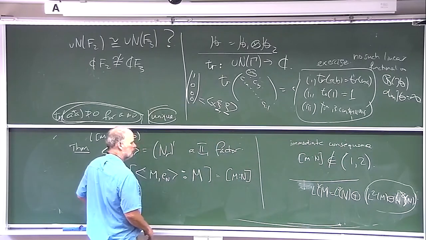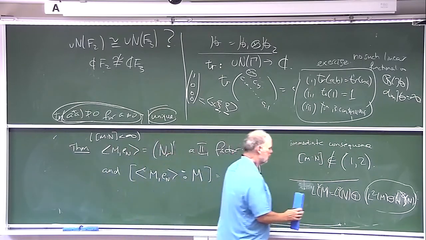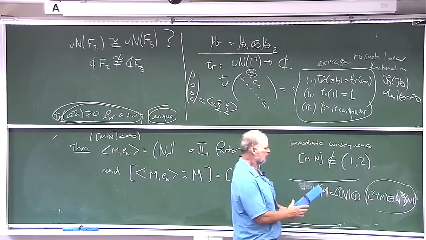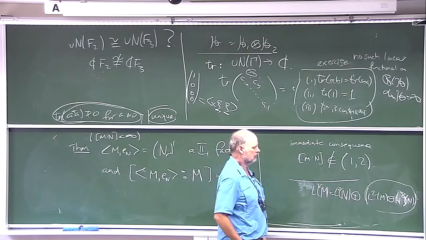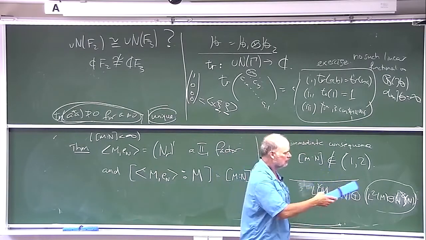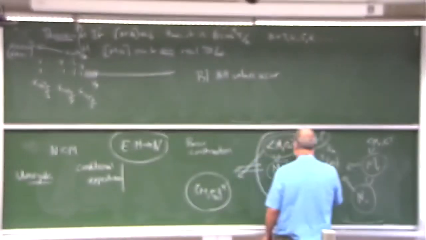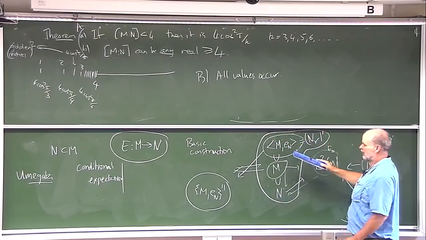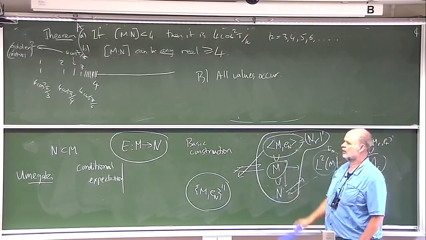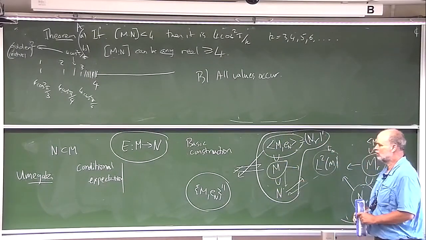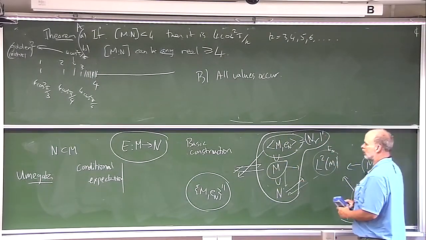Okay. So, yeah, I'm sorry, I thought I could do this completely trivially, but it needs a little bit of very elementary manipulations in this so-called basic construction. You can deduce that the index is between 1 and 2. Right.